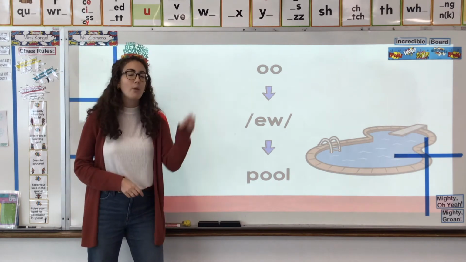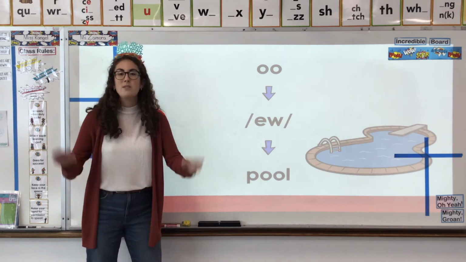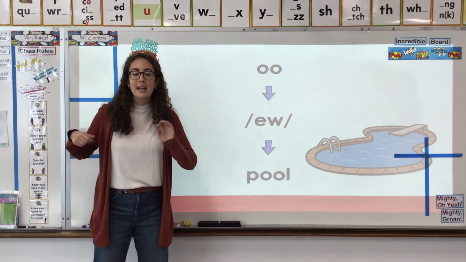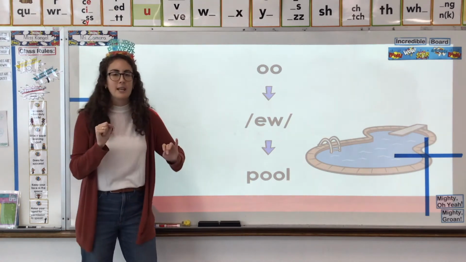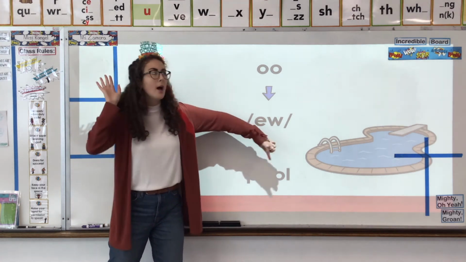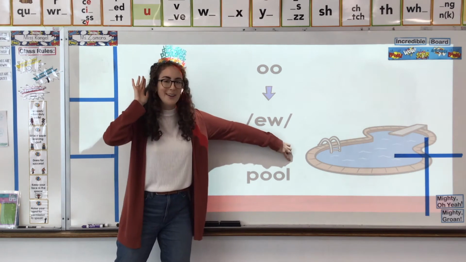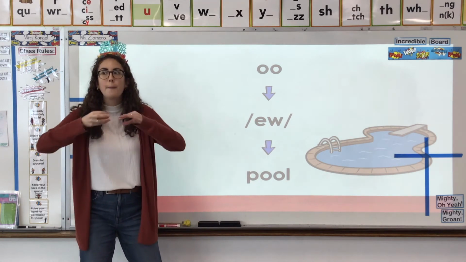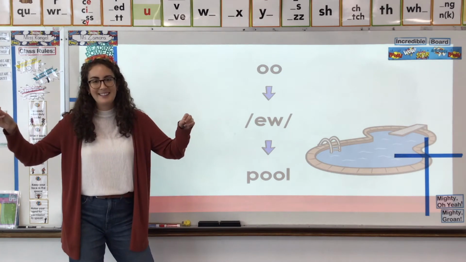So now we know the two different sounds. We've got our short sound, uh, but the long sound for O-O is ooh. Can you listen? Can you hear it? Pool. O-O is saying ooh in the word pool.